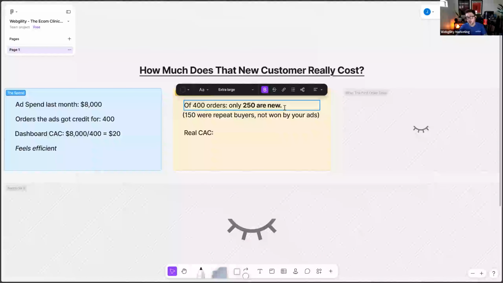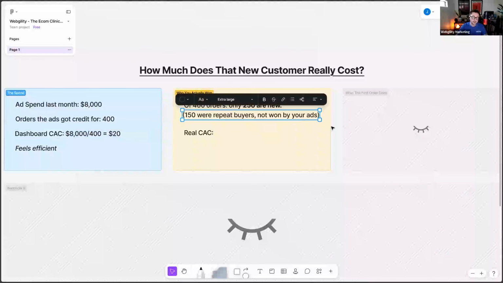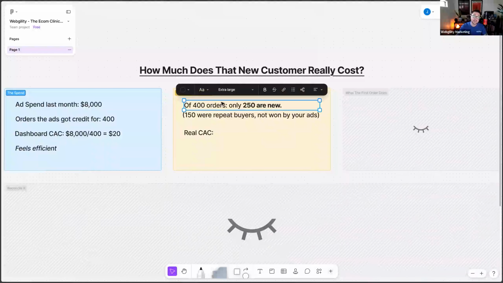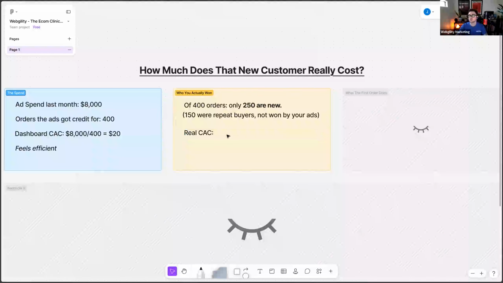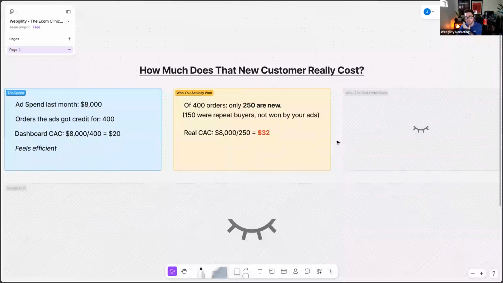So you want to apply the $8,000 that you spent to 250, not 400. So your real CAC here, same equation, is $8,000 divided by 250, which equals $32. That's an increase of $12, which, again, is not the end of the world, not crazy, but it is an increase.